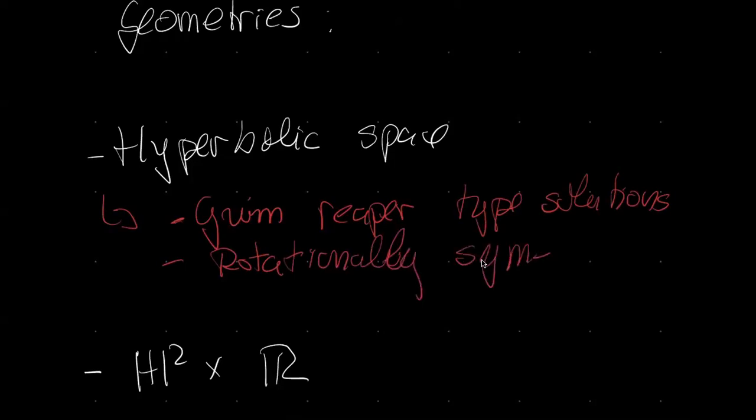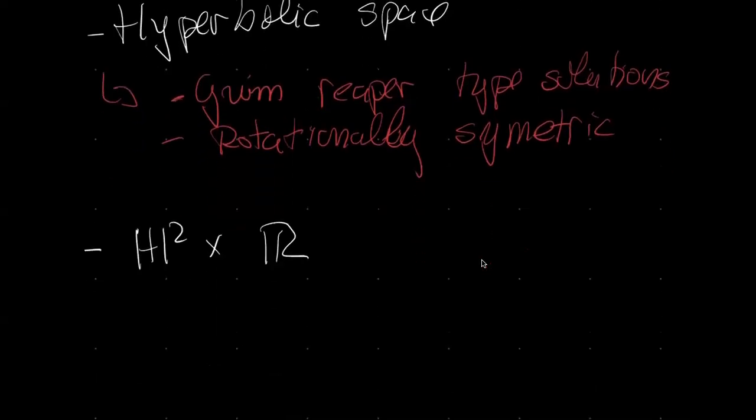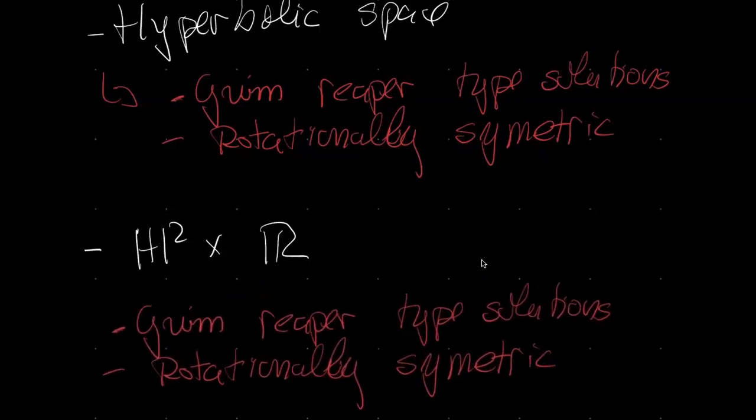The reason they started with this is because these are the ones that are sort of one-dimensional, I guess. This is what people would do. You have something similar in the case of H2 cross R. So you also have these types of solutions.